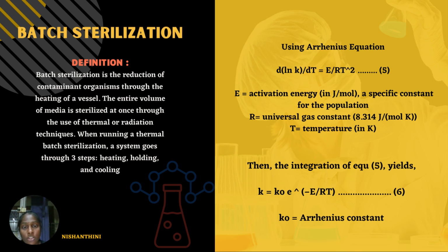R equals the universal gas constant, 8.314 joules per mole K. T equals temperature in Kelvin. So whenever the temperature is in Celsius, we have to change it to Kelvin. Then the integration of equation 5 is k equals k naught e to the power of negative E over RT. k naught is the Arrhenius constant.